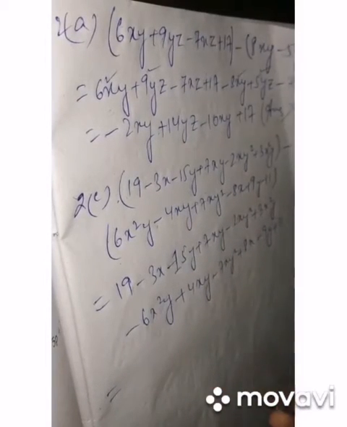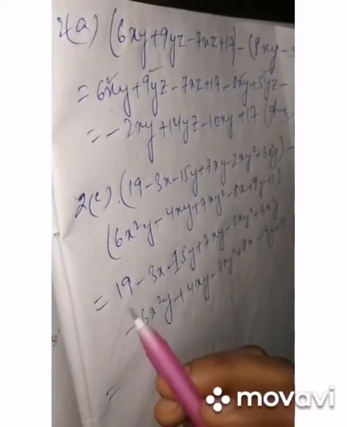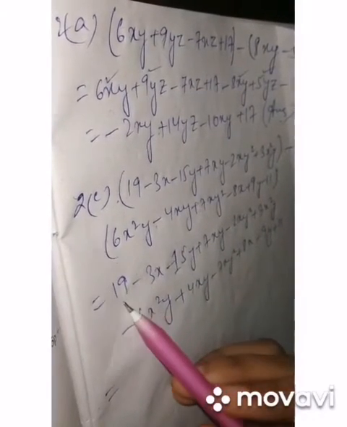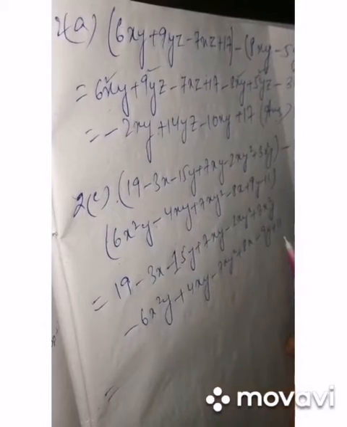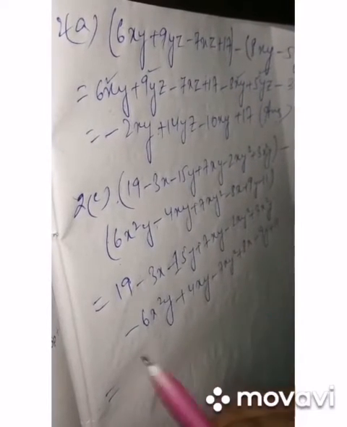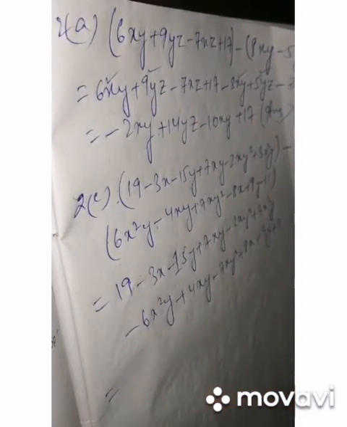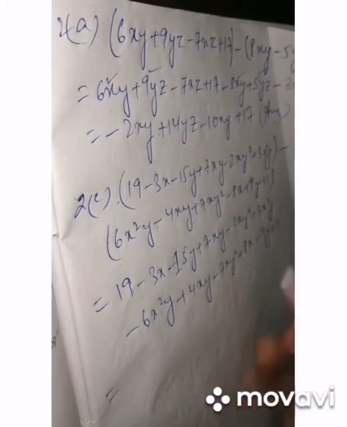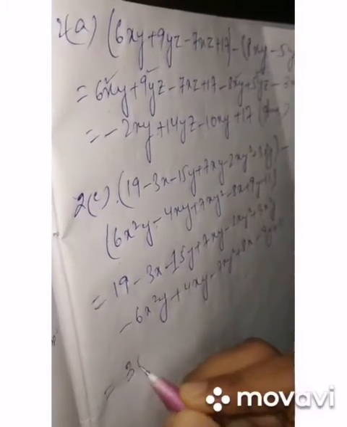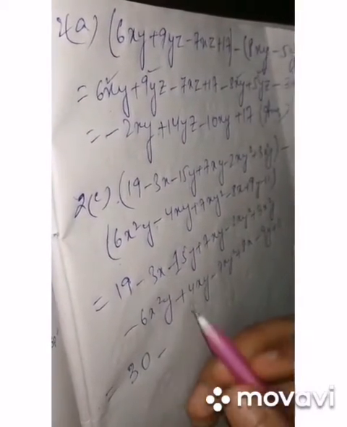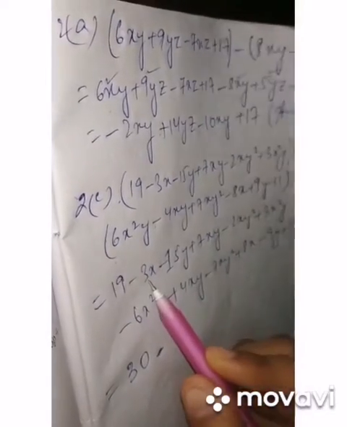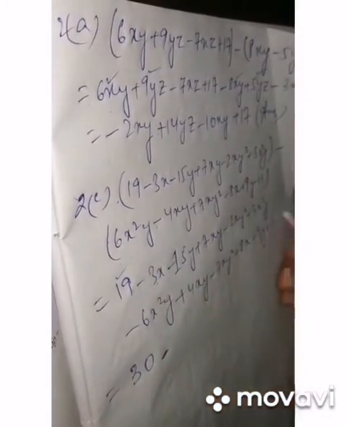Like we will add or subtract the like terms. So here 19 plus 11, there is no other constant. So 19 plus 11, 30. Minus 3x, this is done.